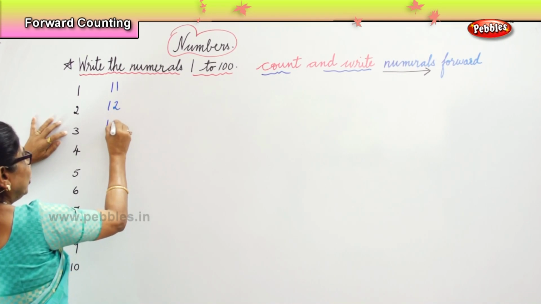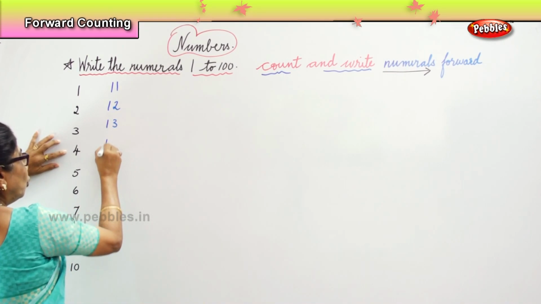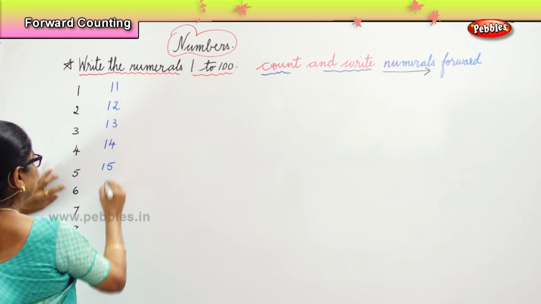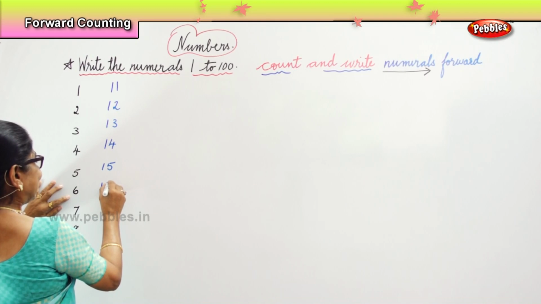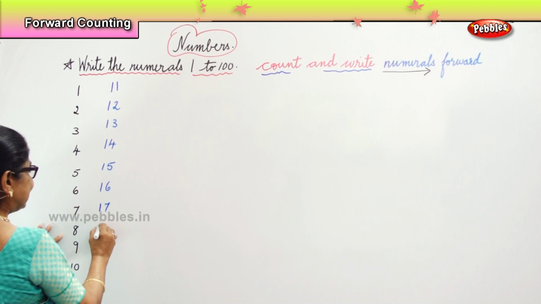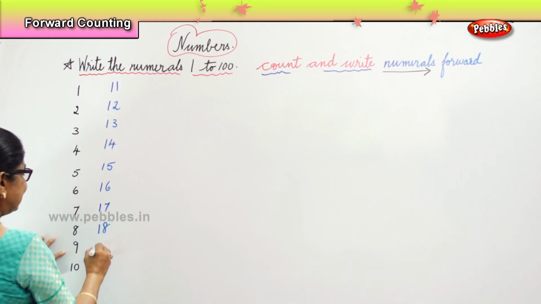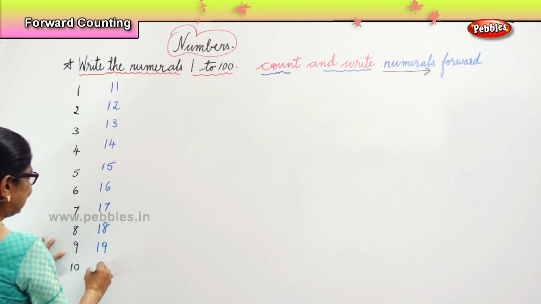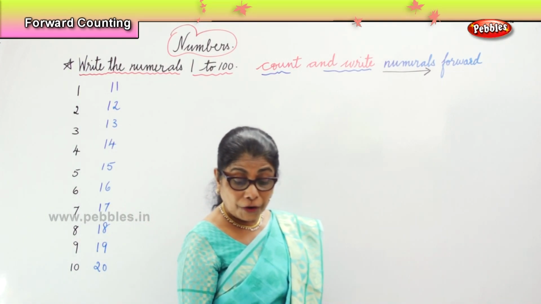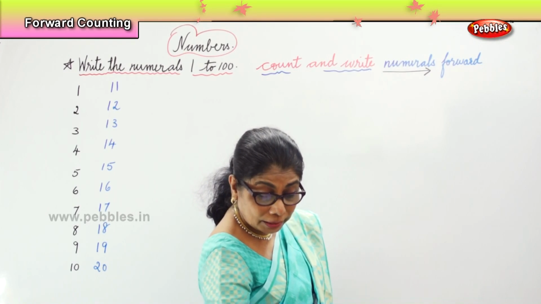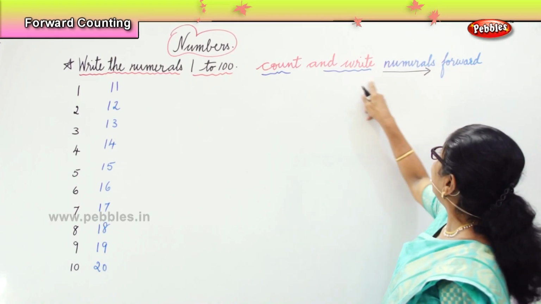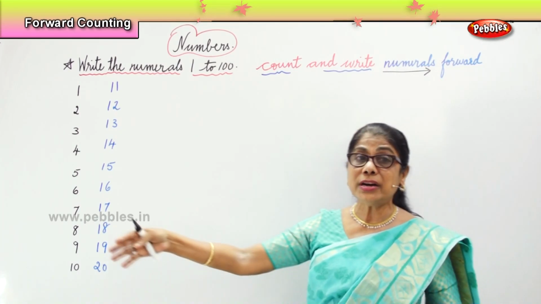Next, 13, one more. 14, one more. 15. Next, add one more. 16, good. 17, 18, 19, 20. See, we count it forward up to 1 to 20. Very easy. Count and write numerals forward.